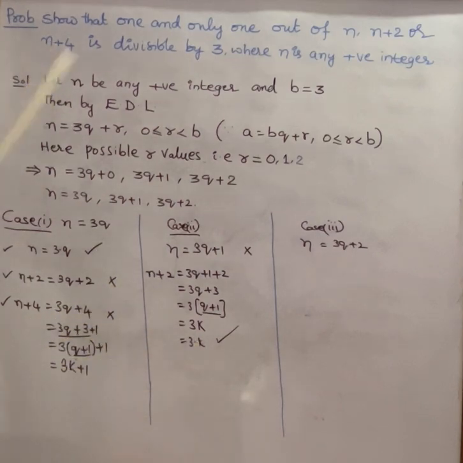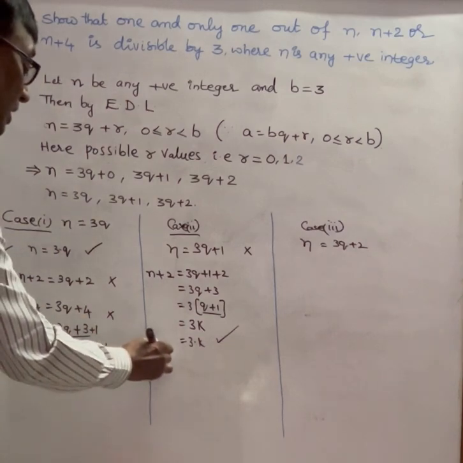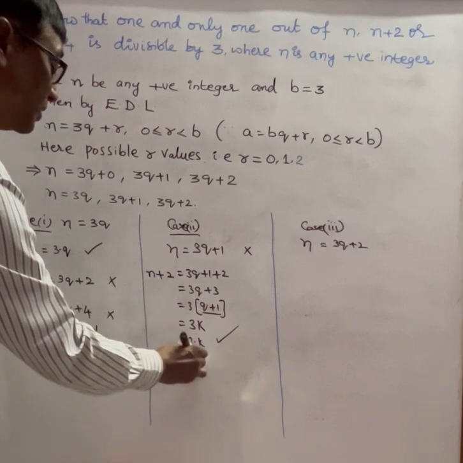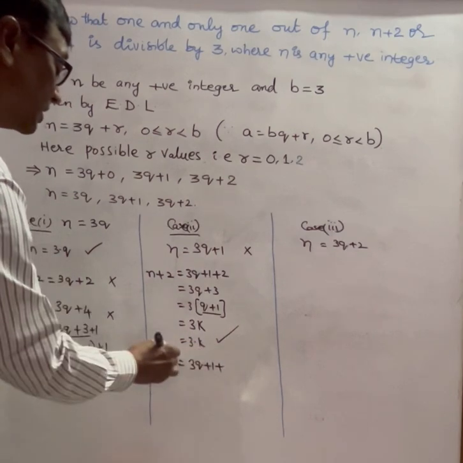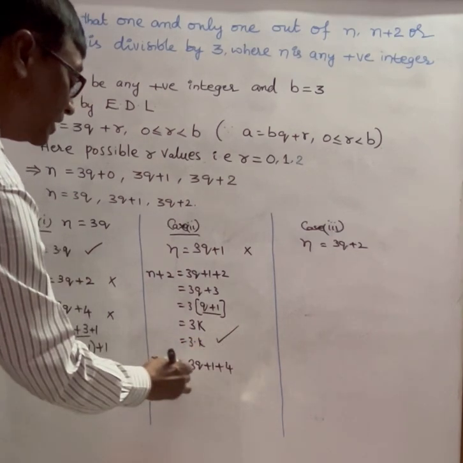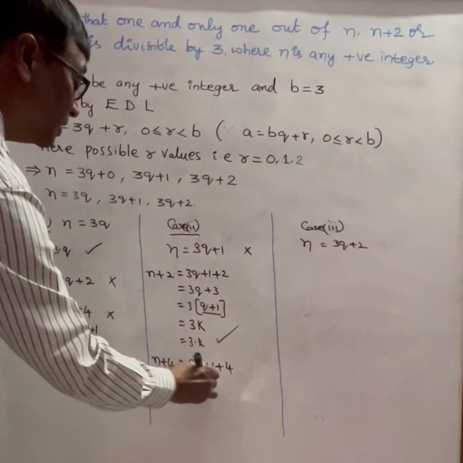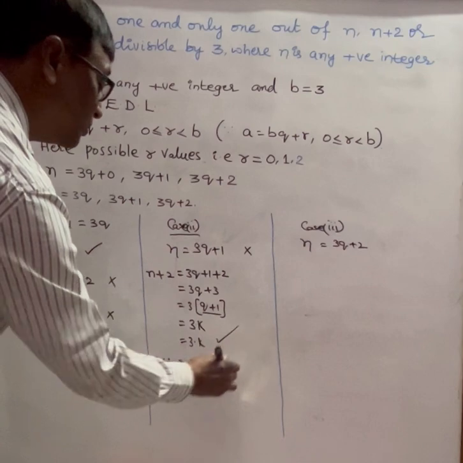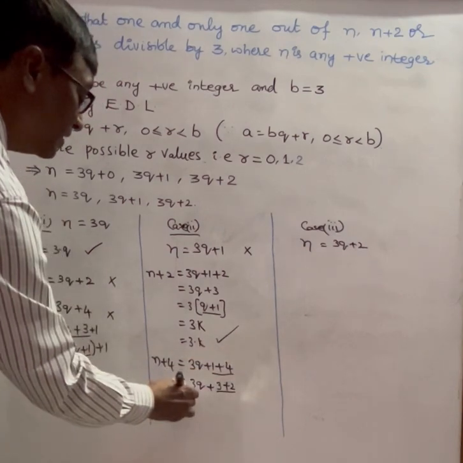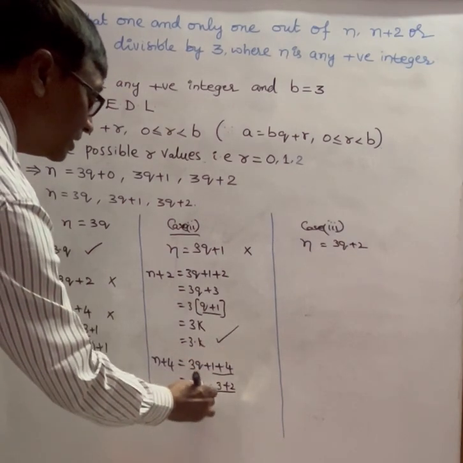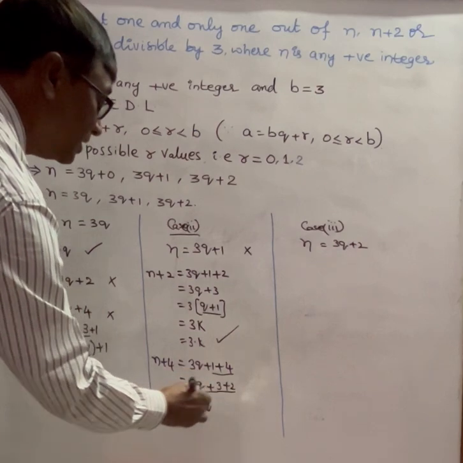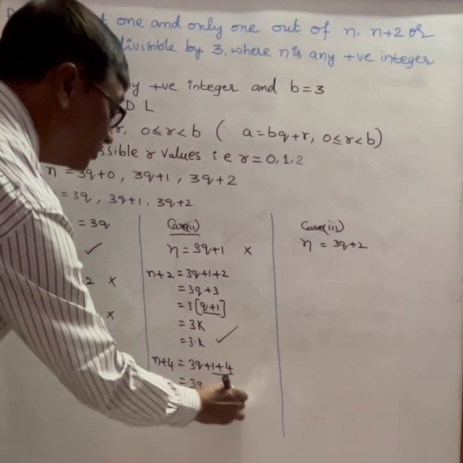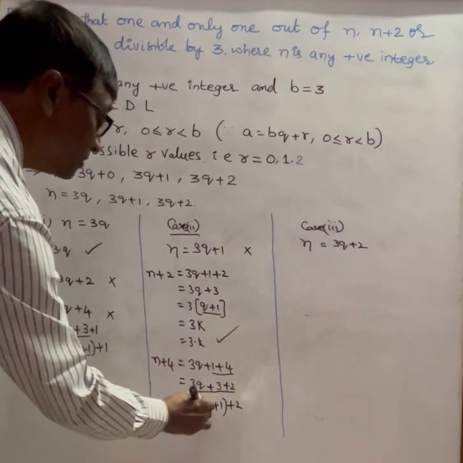Now find out n plus 4. With n as 3q plus 1, n plus 4 is 3q plus 1 plus 4. We may write 3q plus 3 plus 2, writing this 5 like this. We may take 3 common: 3 into q plus 1, plus 2. Suppose this is k.